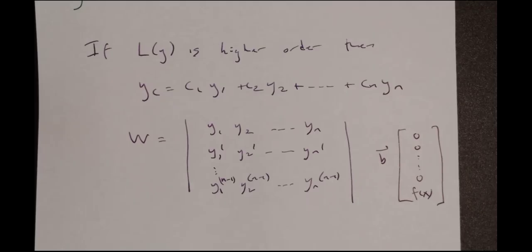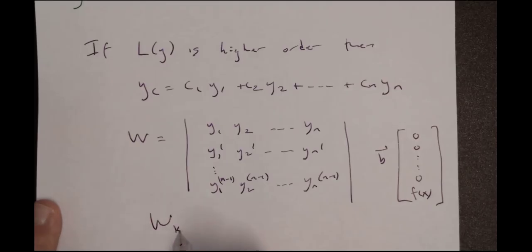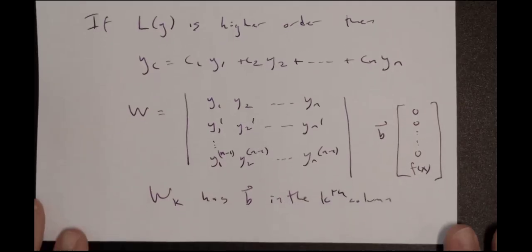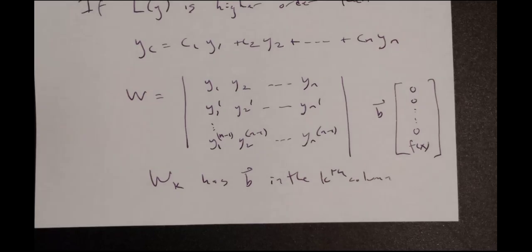And Wk has b in the kth column. So I do W1, and I'd replace that first column with this thing. And I do W2, and I'd replace the second column, and W3, and so on.